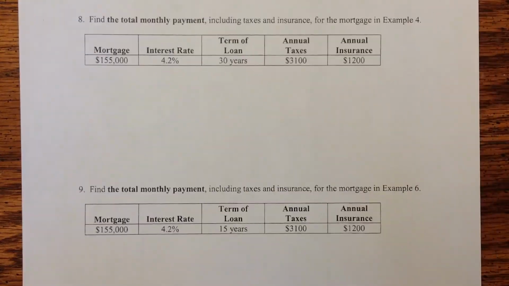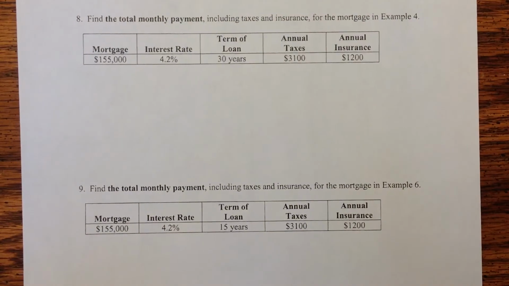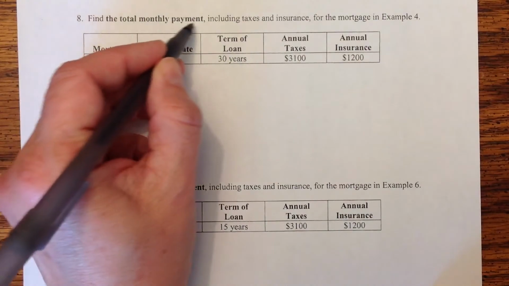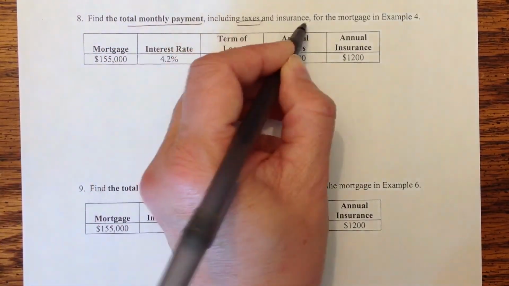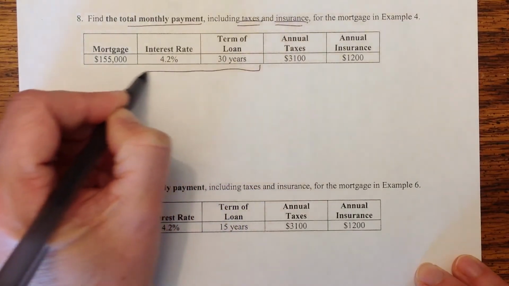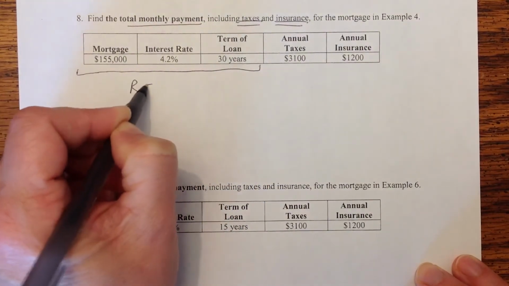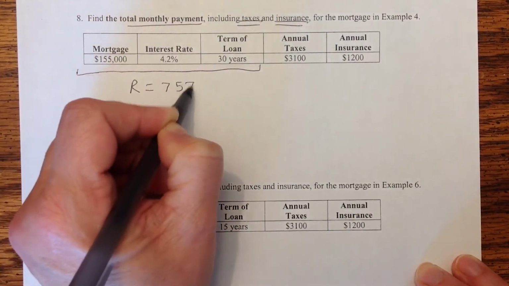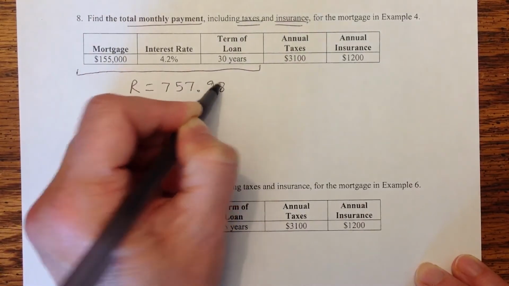So we're going to look at the idea of what a payment would be if you paid the bank these additional charges and let them take care of it for you. Right? So we want to find the total monthly payment including taxes and insurance. So we figured that the R was $757.98.